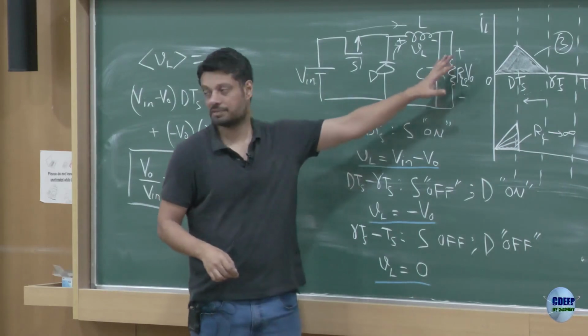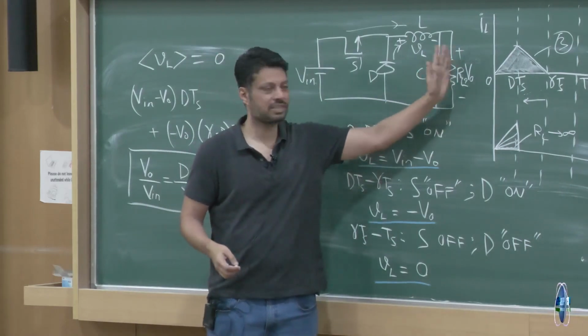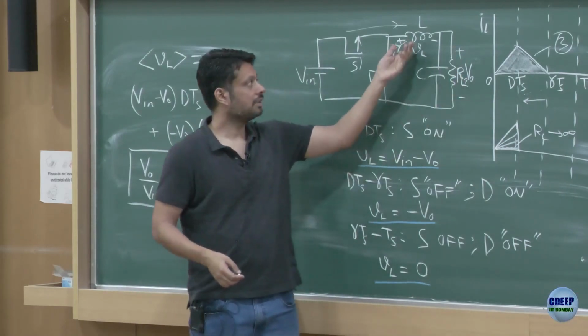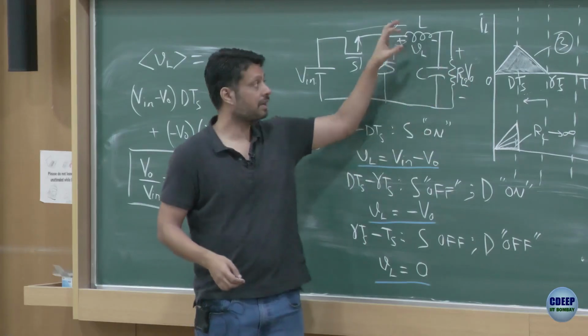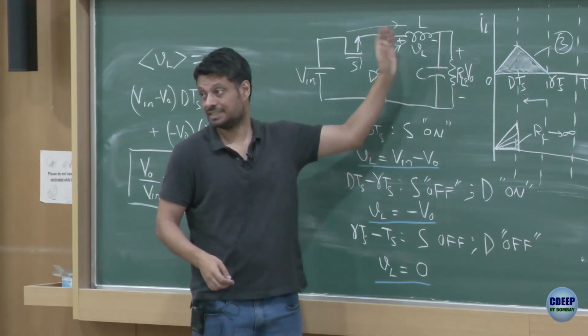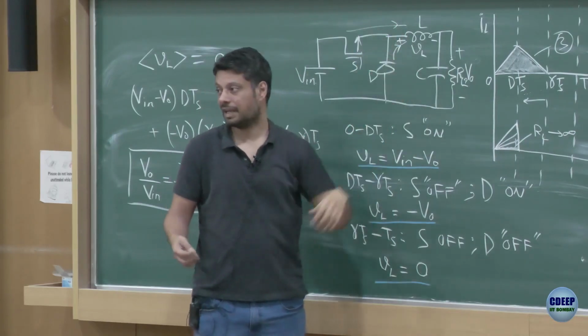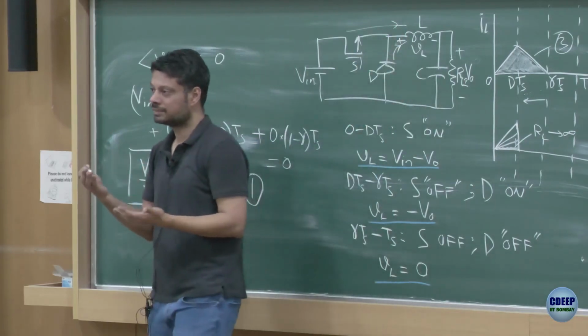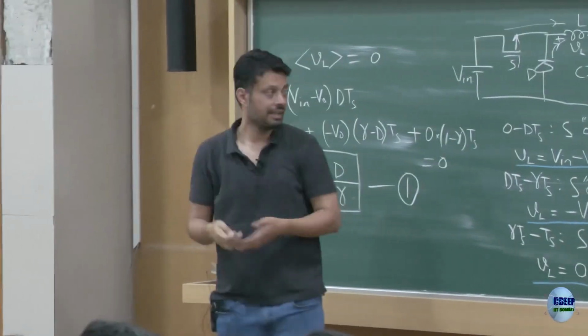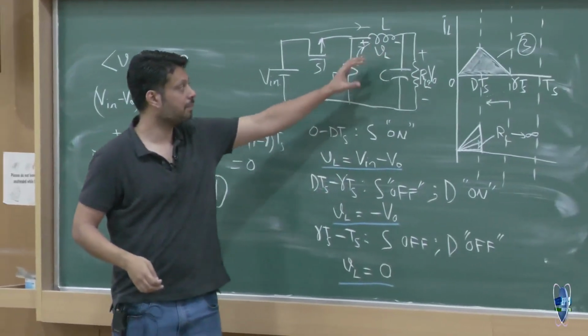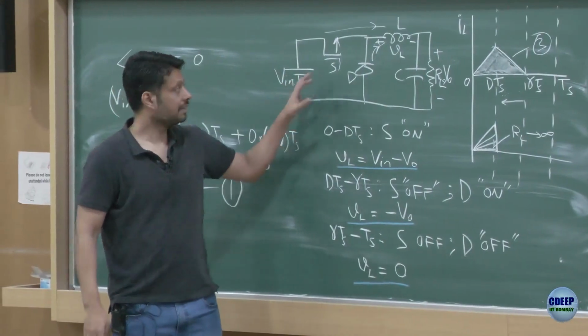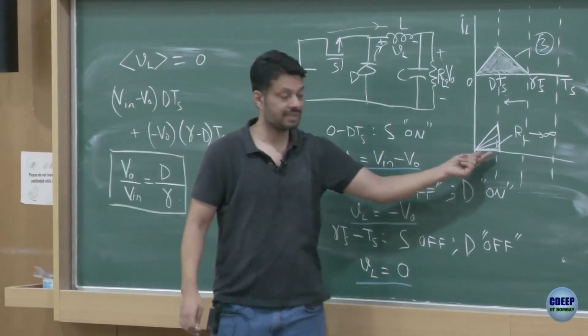So if your RL is infinity, right, there is no current which can flow here. So suddenly if you do it, whatever was the current here, the average DC current also, KCL has to be satisfied, will go and dump into this cap. And if you push a DC current into the capacitor, the average voltage will rise. So this voltage keeps on rising and becomes very close to V in. Then when the switch is on, this current rise is negligible.